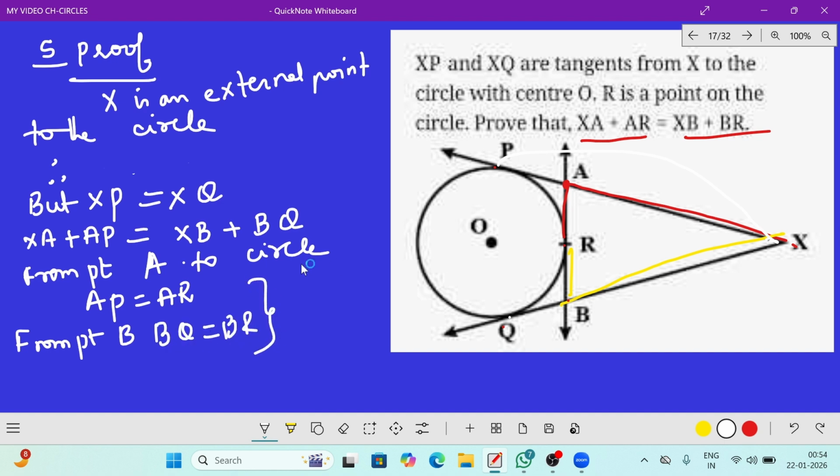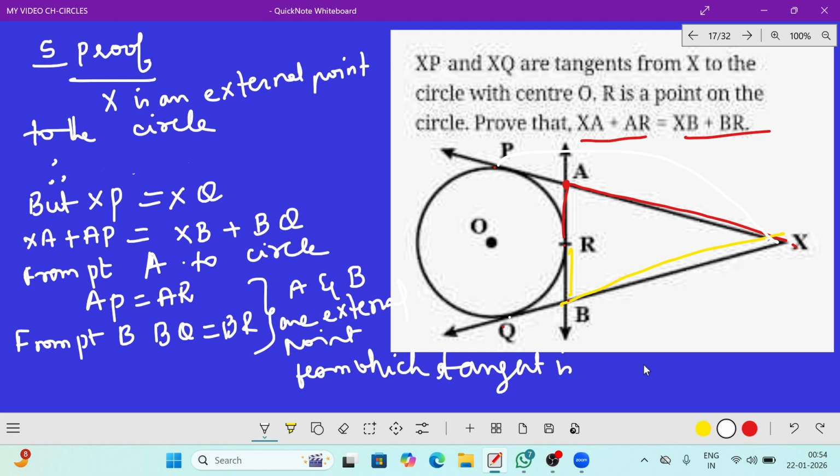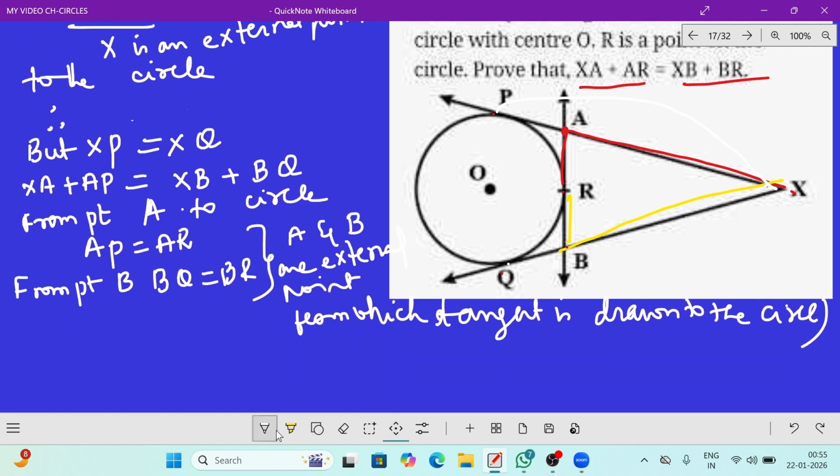The reason is A and B are external points from which tangents are drawn to the circle. Now, we can change this.